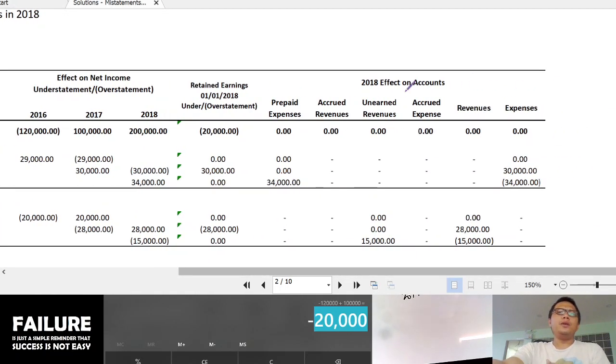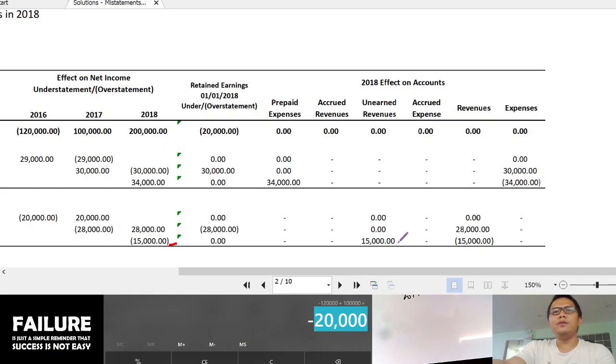As to individual effect on accounts, okay, obviously, walang effect yan siya dyan kasi yun nga, nag-counterbalance na siya within the year. Yung error natin in 2017 and yung 2016. Yung effect natin sa unearned revenue or yung may effect sa unearned revenue lang natin is that itong at the end of the year, we fail to recognize the 15,000 unearned revenue.